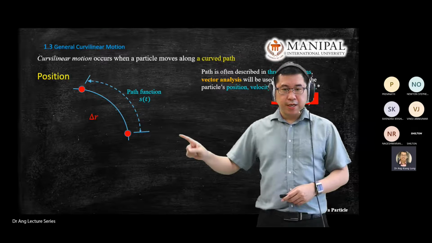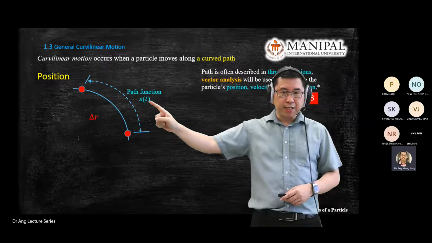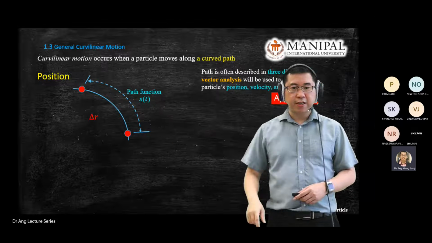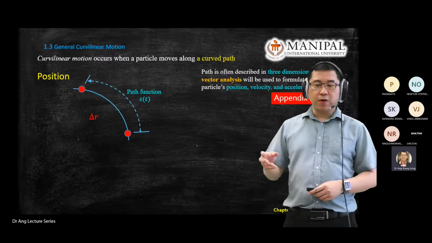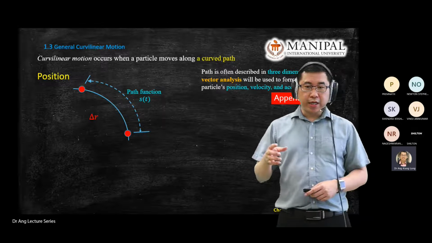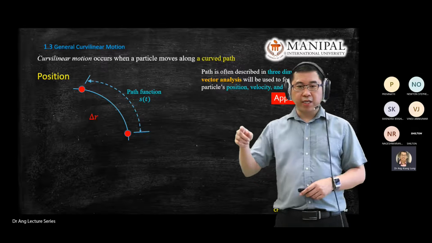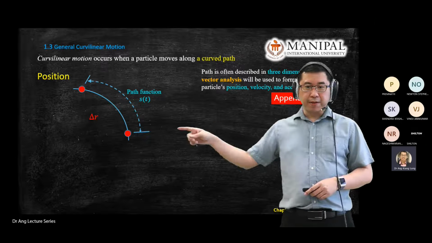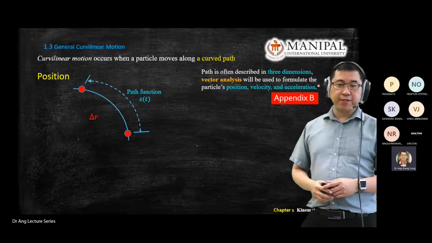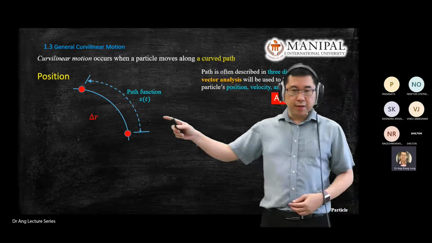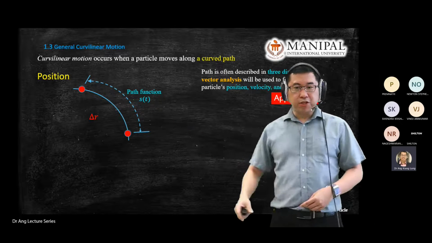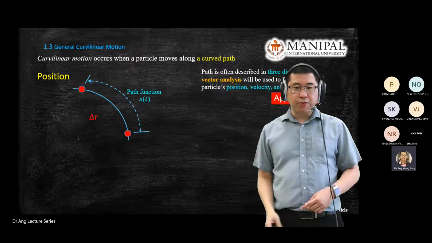And since the path is a function of t, you will see a linear equation or a quadratic equation, s equal to t squared plus something, like what you saw in the previous example. So the first thing is the path function. The blue line you can define with the path function.